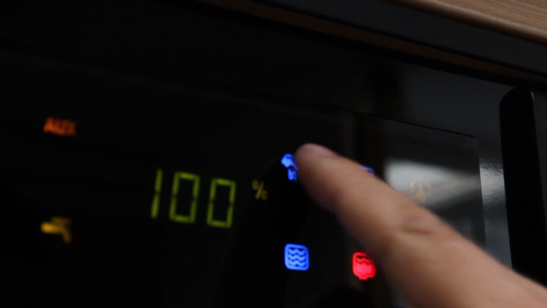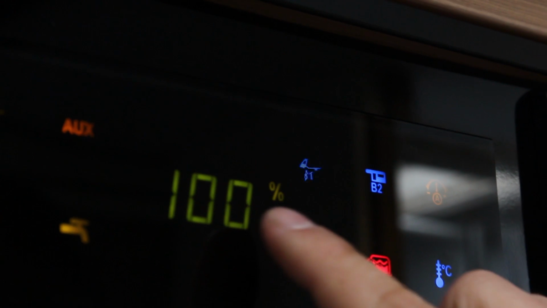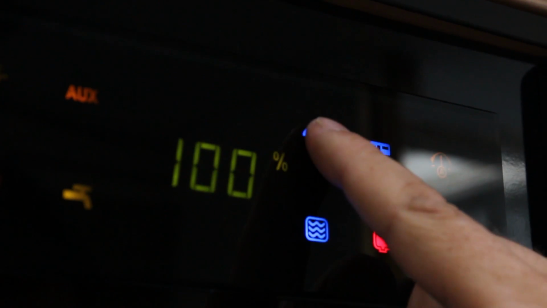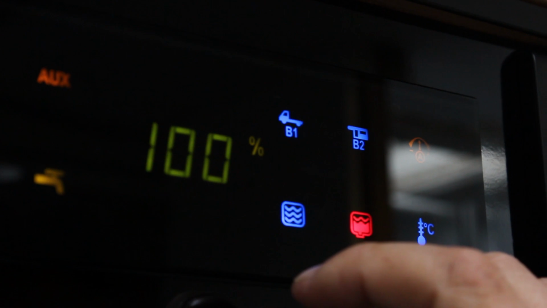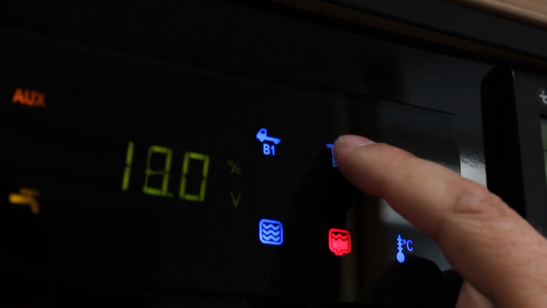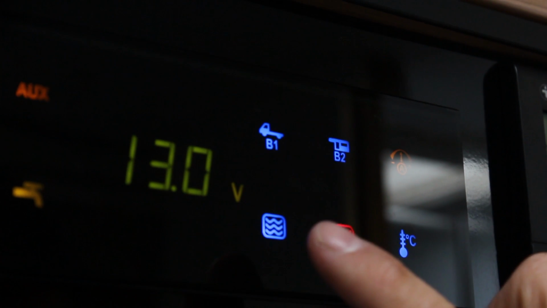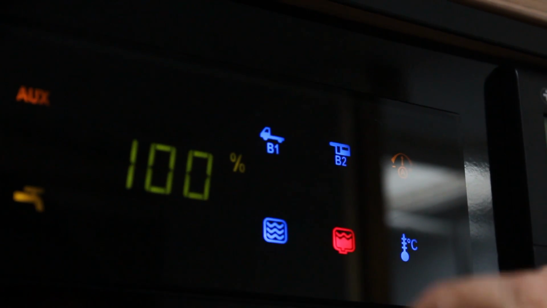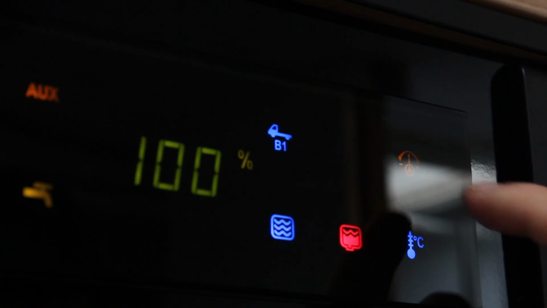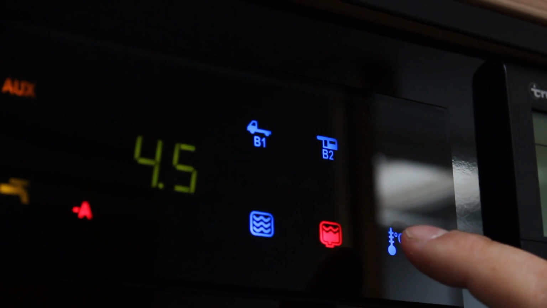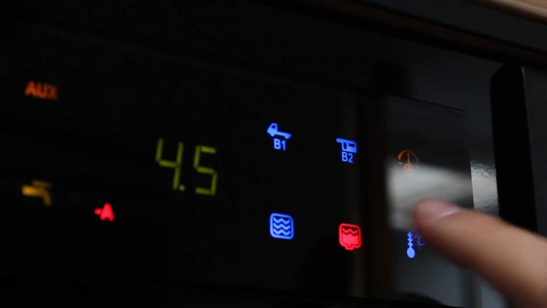And on the right we have the battery level as a percentage or voltage of the front cabin part of the camper van. The back part, or the actual camping part of the camper van. The voltage indicator to indicate how many volts you are using at any one time.